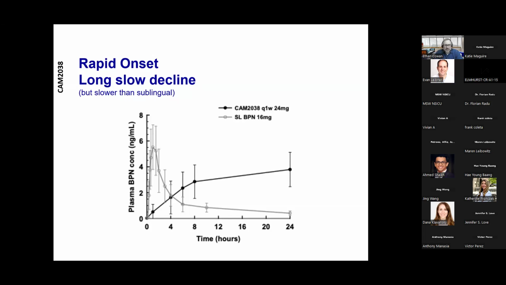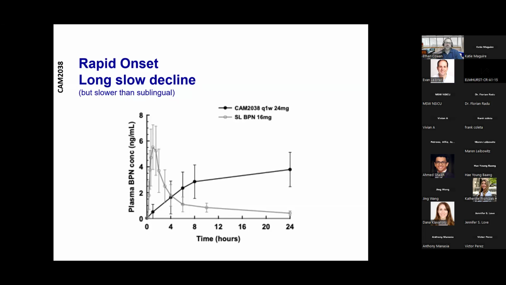The nice thing about these long-acting injectables is that here you see that big spike of buprenorphine from the sublingual. The dark black line is the long-acting injectable. So the nice thing here is that it has this slow increase in plasma concentration. And what this allows us to do is give buprenorphine to patients who are in lesser degrees of withdrawal.